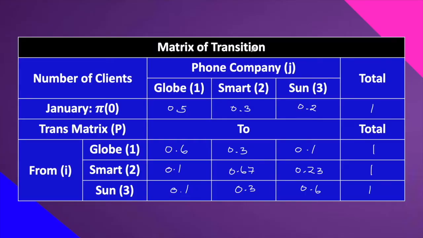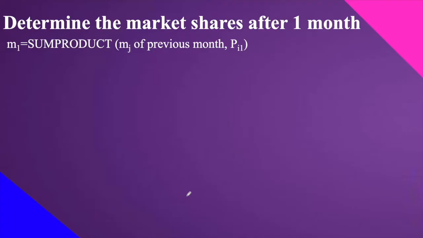Where is that? P sub I is the from, then 1, meaning these Globe entries. So, this is 0.5 times 0.6 plus 0.3 times 0.1 plus 0.2 times 0.1. Let's put it here so you can see it.